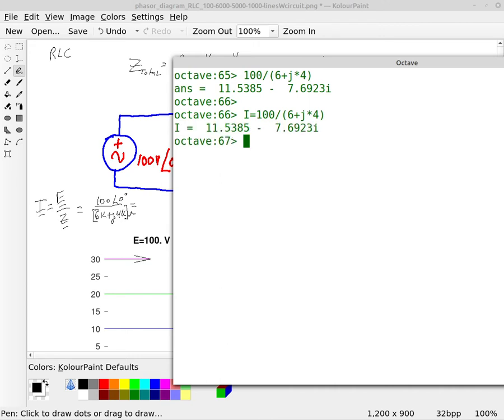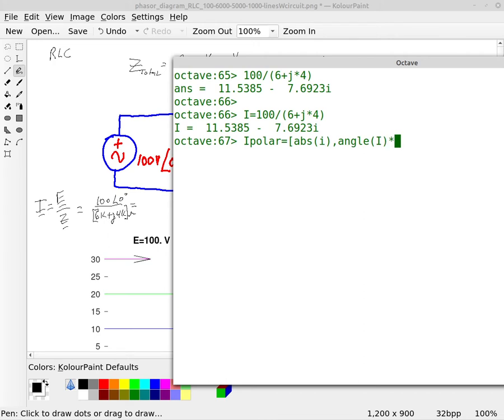Now again, this is the rectangular form of the current, which is a valid value, but a little harder for us to see what the magnitude is. So what I like to do is convert it to polar. So I'll create a second variable called polar. I'll take the absolute value of the current, and then I'll take the angle of the current.